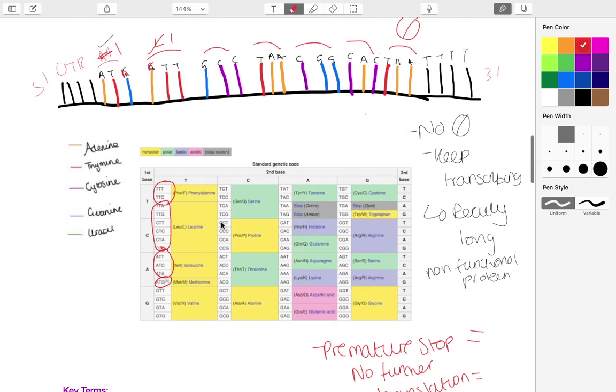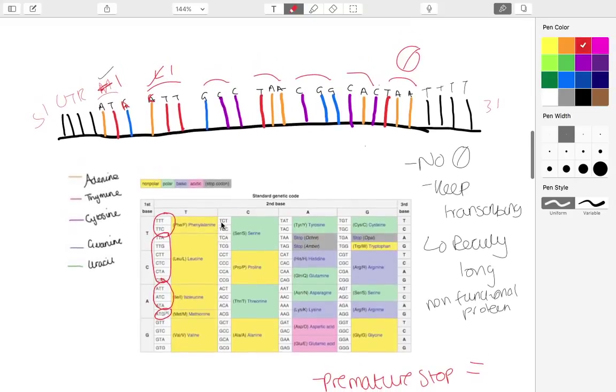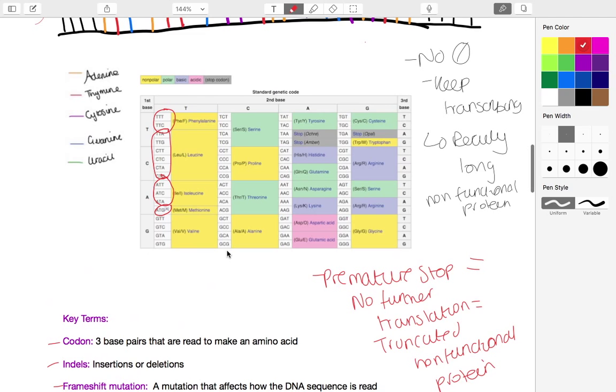So if we go back to GCC, let's have a look at GCC. So GCC, that's alanine. So if I was to change that to GCA, it'll still be alanine. It doesn't matter. It does not matter that the mutation changed. It's still alanine. Okay? So that's what I mean by codon redundancies.